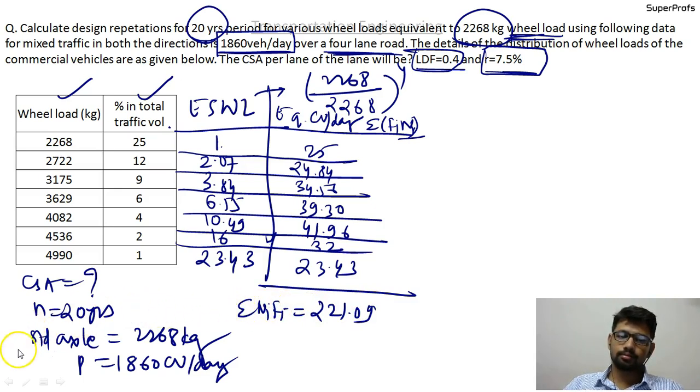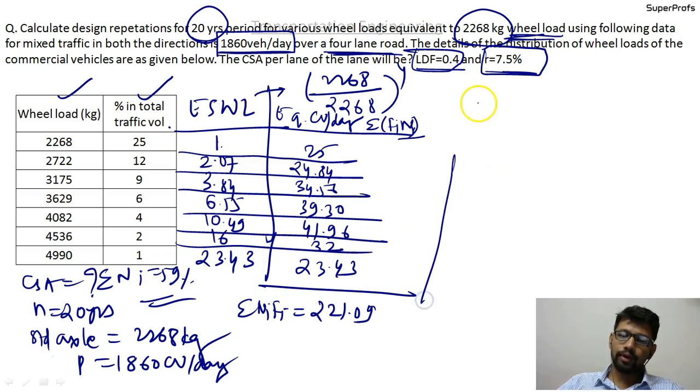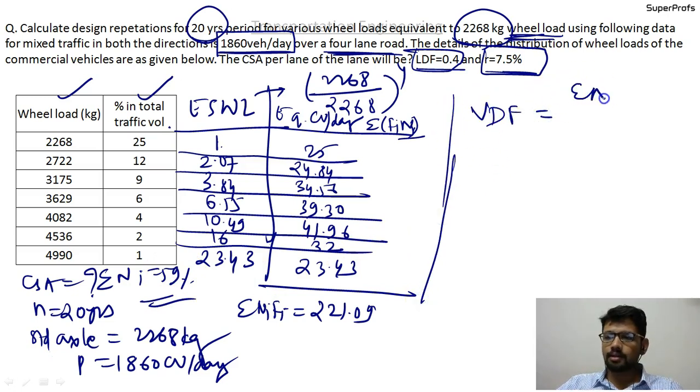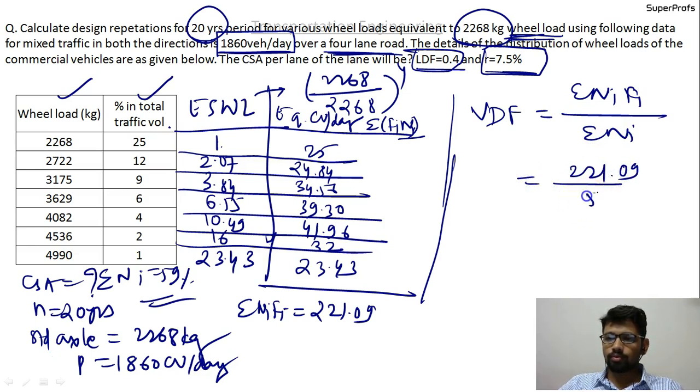221.09. In percentages, summation Ni comes out to be 59%. So the vehicle damage factor can be found from this. Vehicle damage factor is equal to summation NiFi upon summation Ni, which is 221.09 upon 59, equal to 3.74.